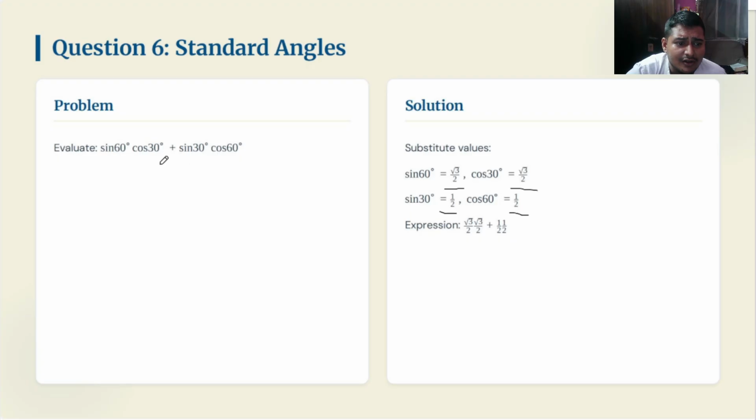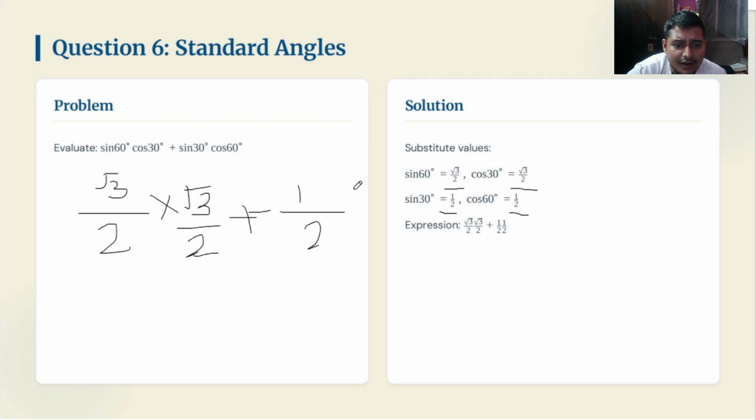So now, root 3 by 2 into root 3 by 2, plus half into half. We are putting the value directly over here.